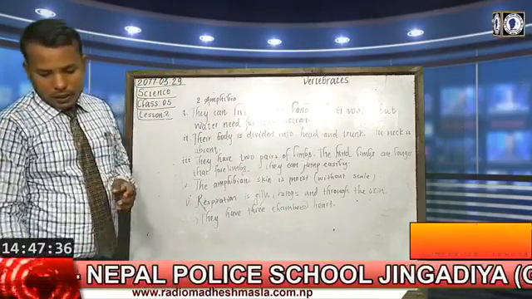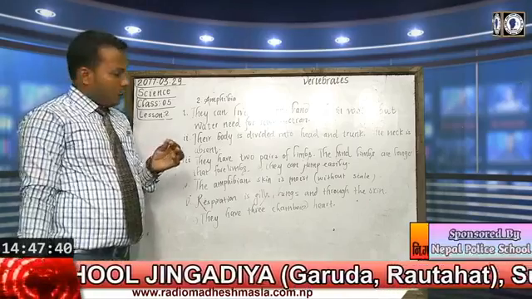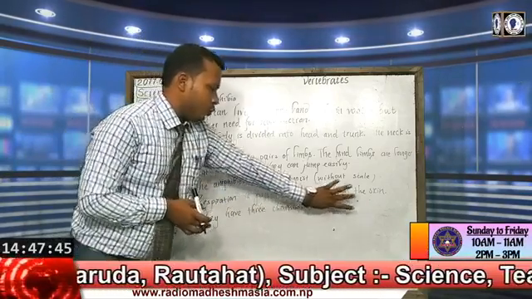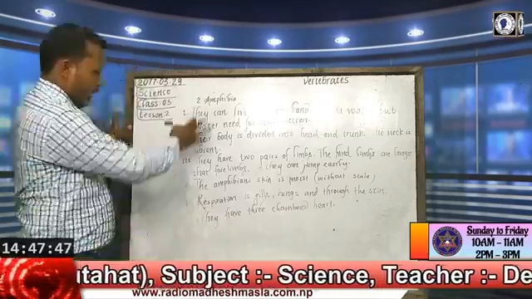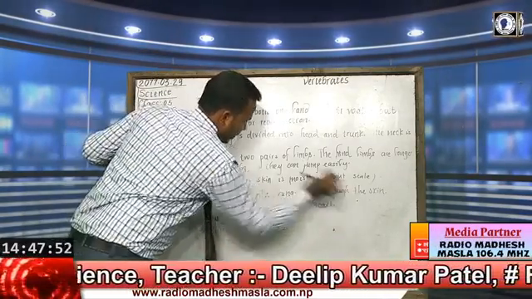And respiration is by gills, lungs and through the skin. Amphibians breathe through gills, lungs and skin.